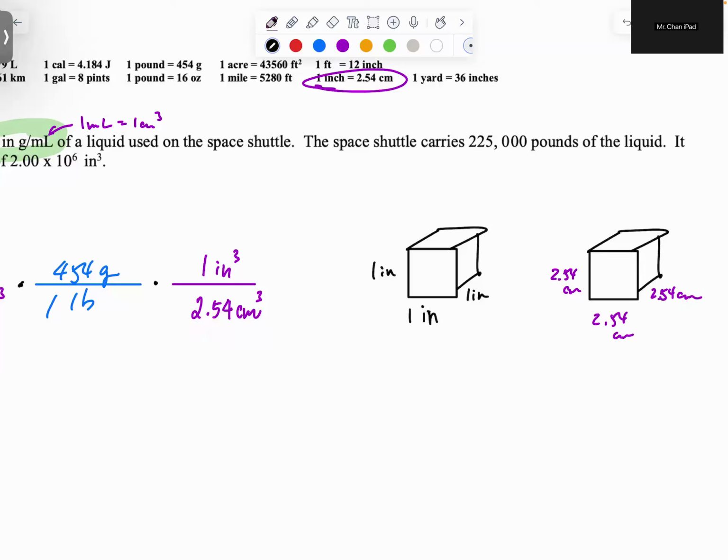Now, the volume in terms of inches would be 1 cubic inch. But what about the one in cubic centimeters? It is 2.54 times 2.54 times 2.54, which is 16.387. Or if you want to round it to the proper number of sig figs, then that shall be 16.4. So that's the argument.